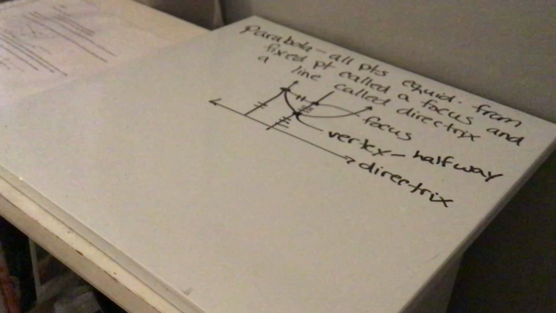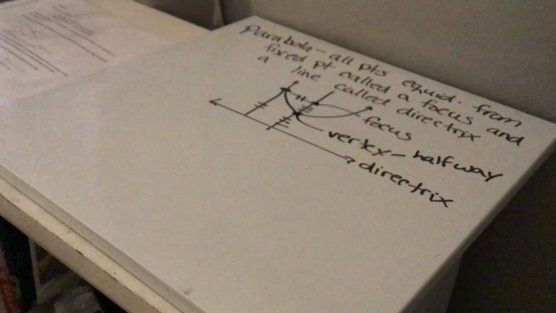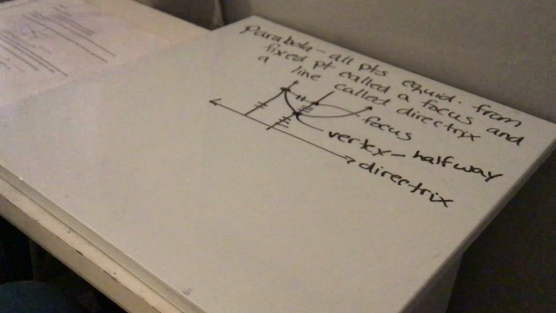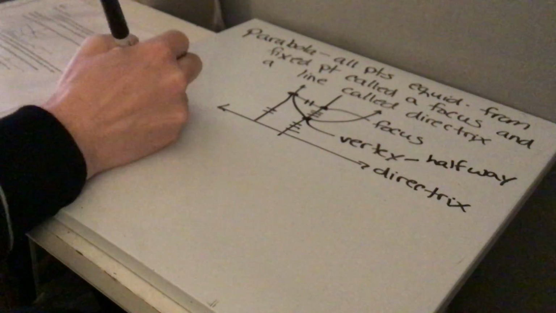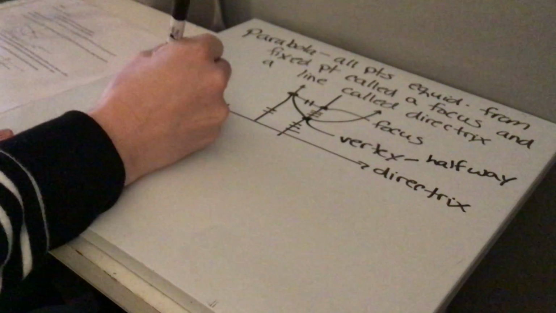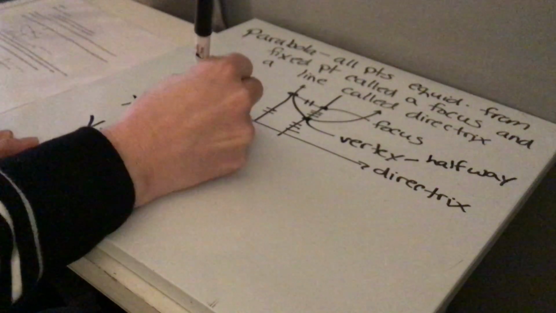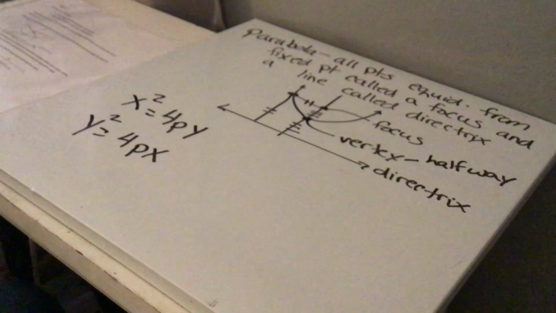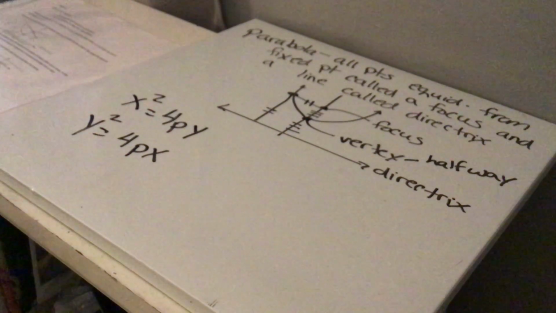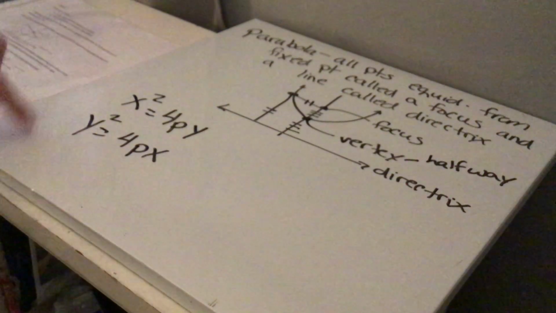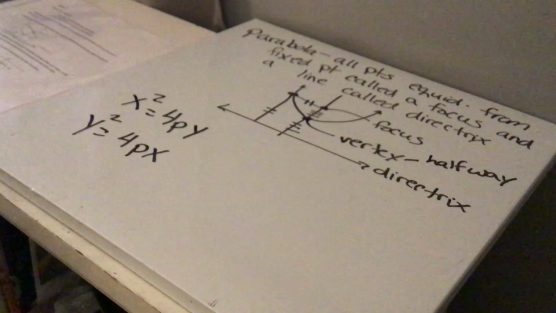It's a parabola, so you only have one variable squared, okay? So either your equation is going to be x squared or y squared, and then the form is 4p times the other variable, okay? If x is squared, it's going to open either up or down. And if y is squared, it's going to open left or right, okay?